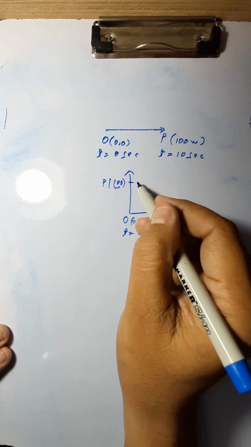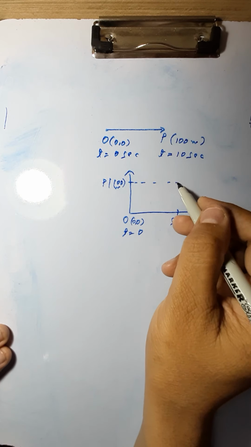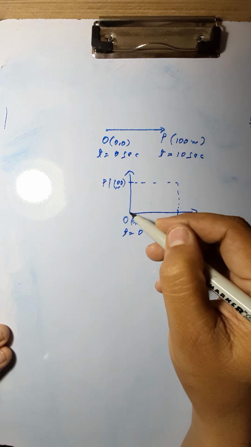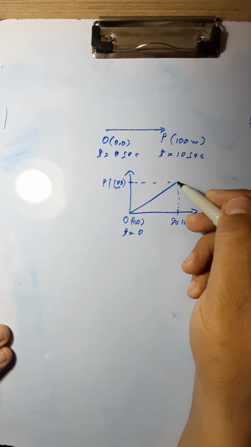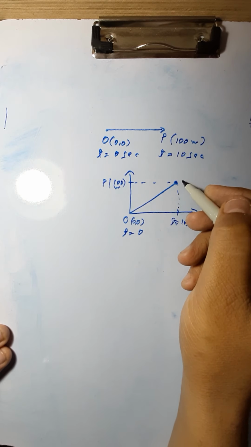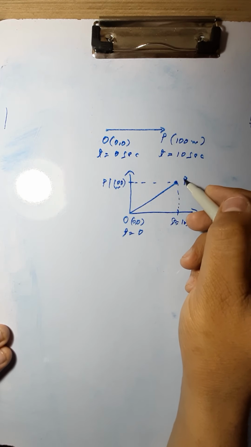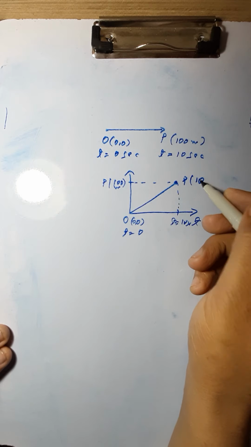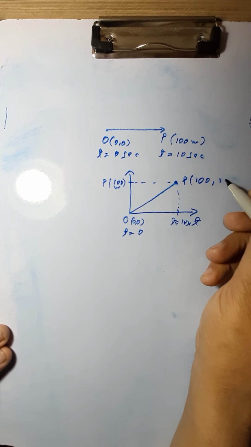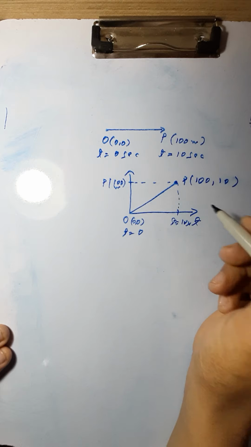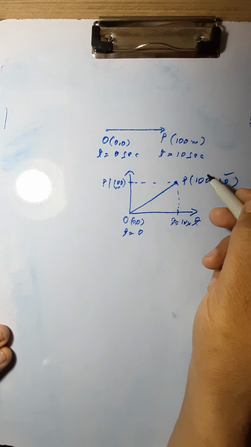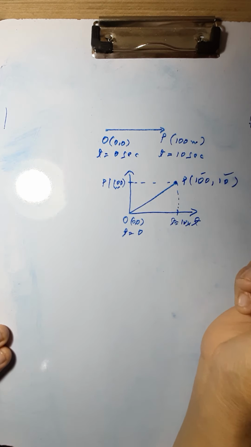So the graph will look like this. At t equal to 10 seconds, the particle is at 100 meter.